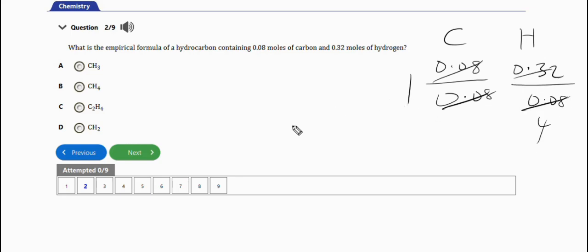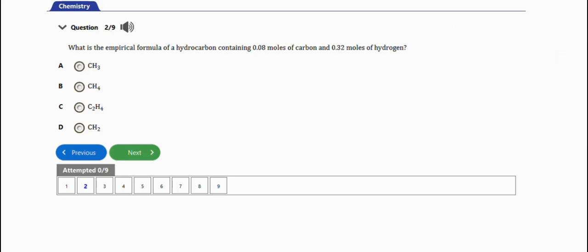So this shows us that the empirical formula will be CH4. So this is methane, option B. So that's it for this question. Let's wipe this now and solve the next repeated question.